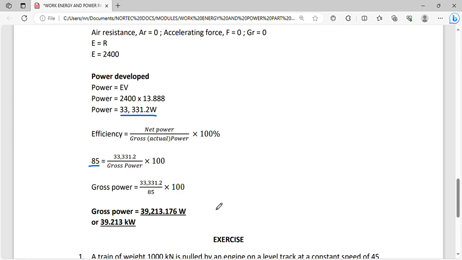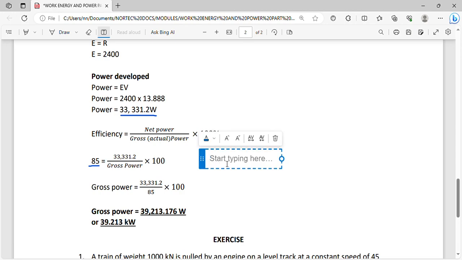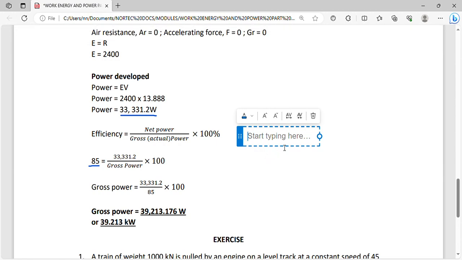Oh, thank you. Now here my emphasis is that if you look at the way we wrote the data, we said the efficiency is 0.85 or 85 over 100.